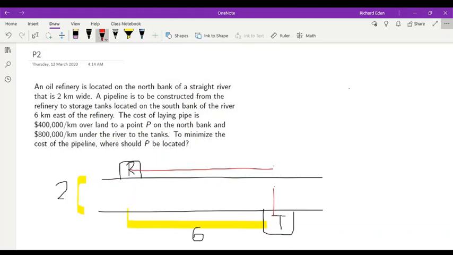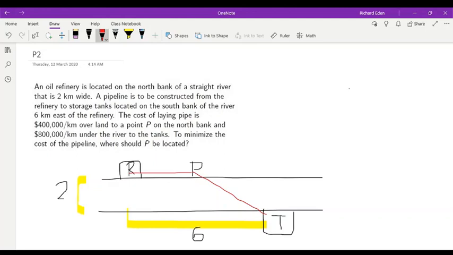So what if you could make the pipeline as economical as possible by trying to remove this red segment, by having a point P here, an intermediate point, so that from R to P, that's the pipe on land, and from P to T, that's going to be the part of the pipeline that's underwater.